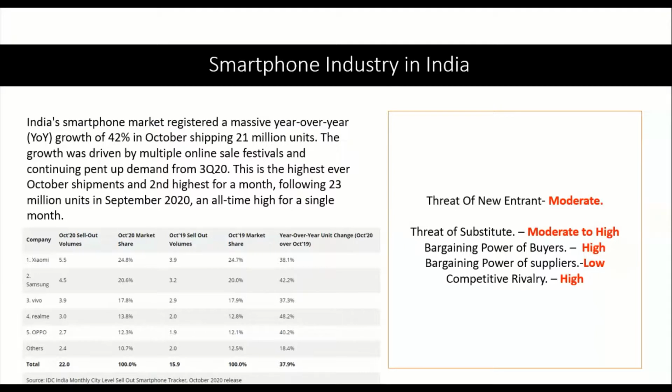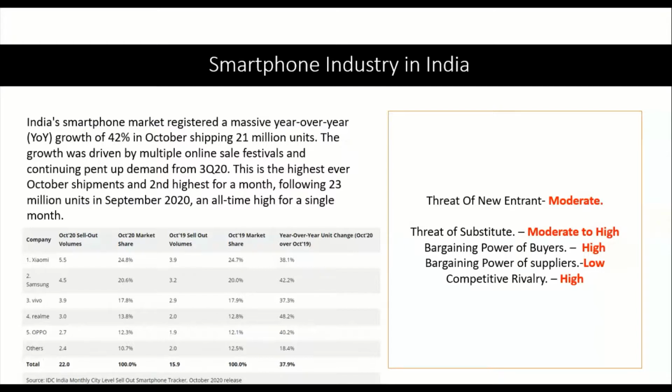It's a moderate thing because of the market size, because of the demand in the market, because of the size of the buyers and the number of buyers. So if a new entrant thinks about it, this is moderate. They can join the race with the competitors, and from an overall industry point of view also, it's a moderate thing.